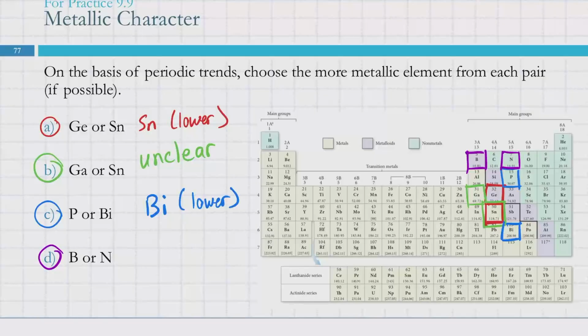And then last but not least, boron or nitrogen. Yeah, this one's boron. It's further left. And metals live on the left side of the periodic table. Non-metals live on the right side of the periodic table. For that trend at least, left to right, right to left. Questions about any of those?